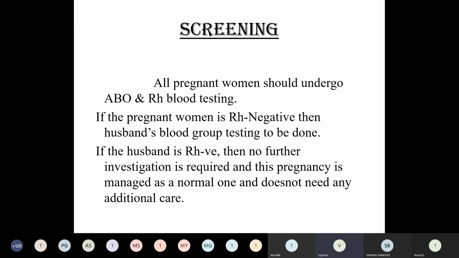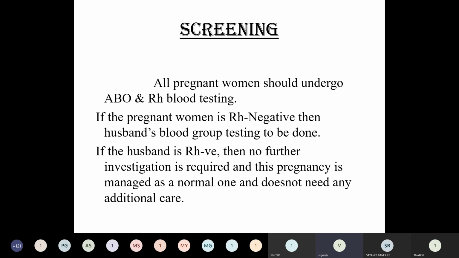If the pregnant woman is Rh negative, then the husband's blood group is to be done. If the husband is Rh negative, then no further investigation is required and this pregnancy is managed as a normal one, and you do not require any other additional care and you put it into the general antenatal care.